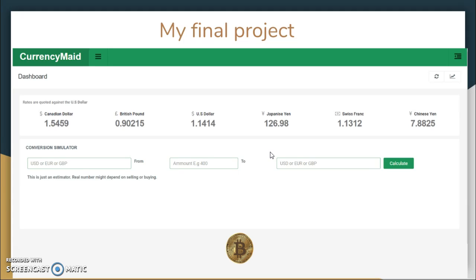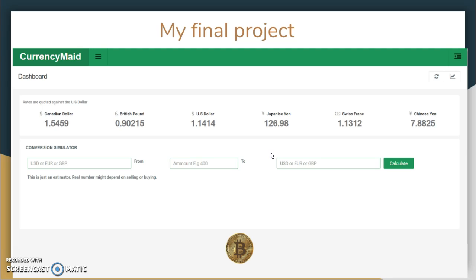This is my final project, and it is called Currency Made. It enables users to get current information about different world currencies. It also has a conversion simulator which enables them to convert any amount of money into a different currency.